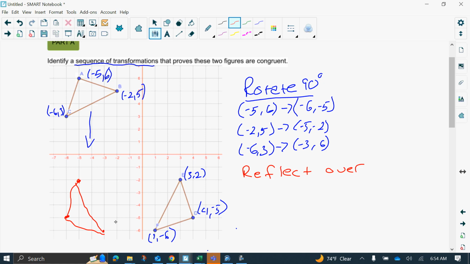Or I can figure out what line to reflect over so that it ends up exactly where I need it to. Well, 1, 2, 3, 4, 5. So 1, 2, 3, 4, 1, 2, 3, 1, 2, 3, 4. And so that means this is the middle, and that's at x equals 1.